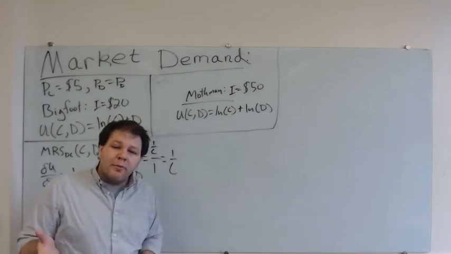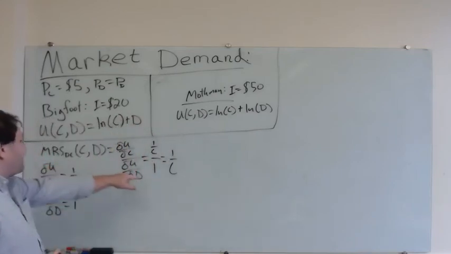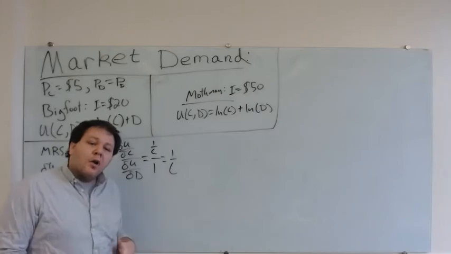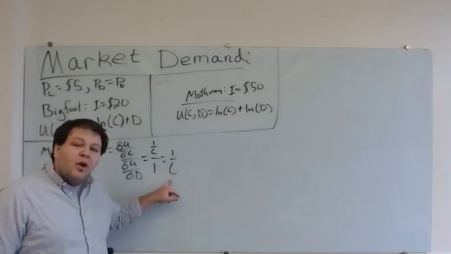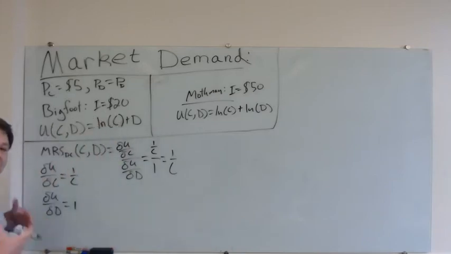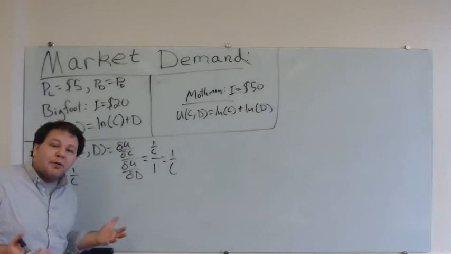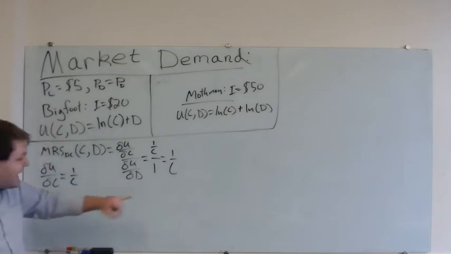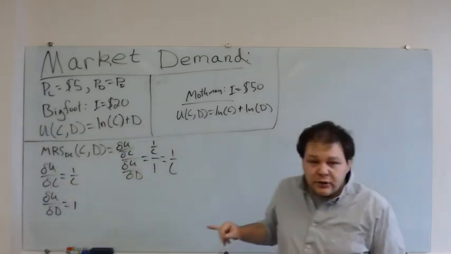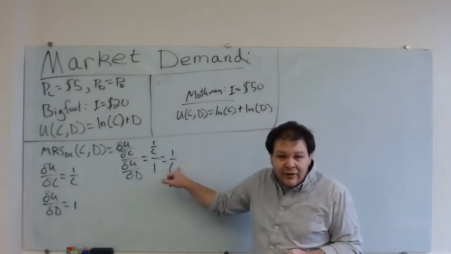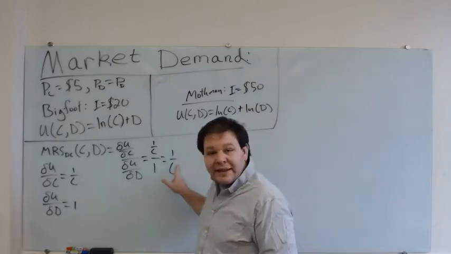Well, now that we have our MRS, we need to think about whether we are looking for an interior solution or a corner solution. In other words, are we considering situations where Bigfoot buys only chicken or only dollies, or only situations where Bigfoot will buy both? In this case, we can rule out the corner solution where Bigfoot doesn't eat any chicken, because as C gets really tiny, the MRS gets really huge.